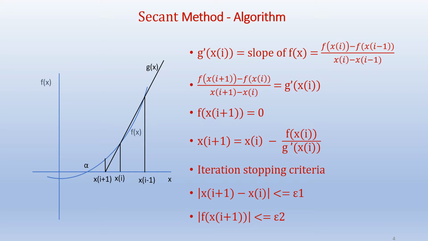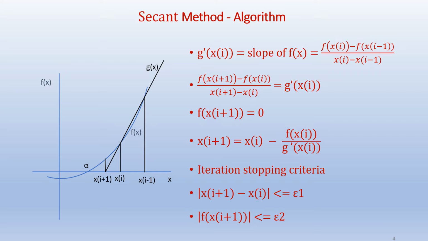What we need to do is find the slope of this line g of x, that is g dash of x, which is basically f of x of i minus f of x of i minus 1 divided by x of i minus x of i minus 1. Also, since we have three points here, f of x of i plus 1 minus f of x of i divided by x of i plus 1 minus x of i equals g dash of x of i as well.